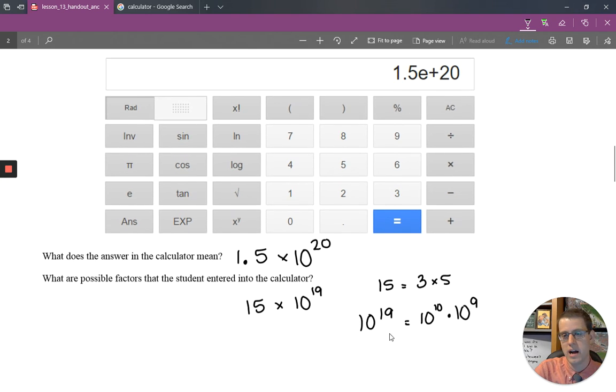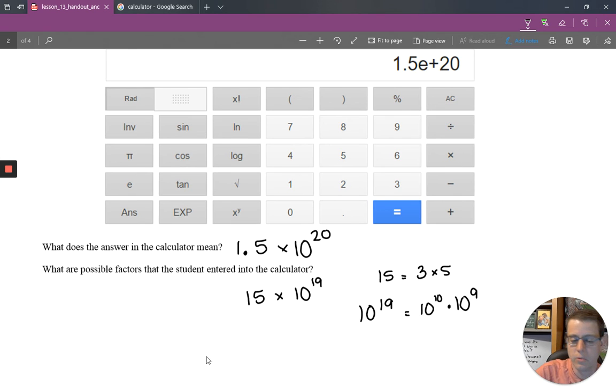So we could take 3 times 10 to the 10th and multiply it by 5 times 10 to the 9th in order to get 15 times 10 to the 19th, which is equivalent to 1.5 times 10 to the 20th, which is what it is in this calculator here.